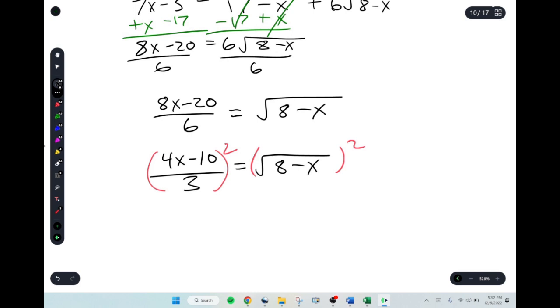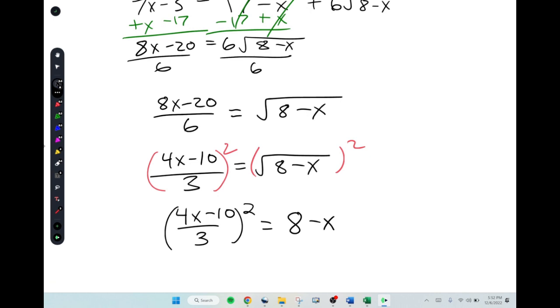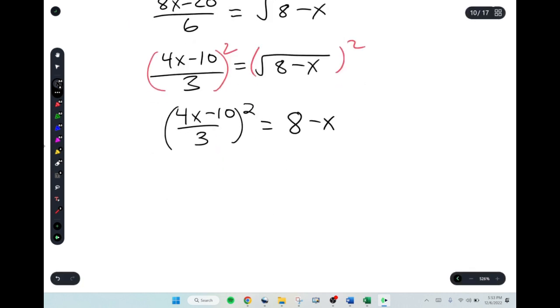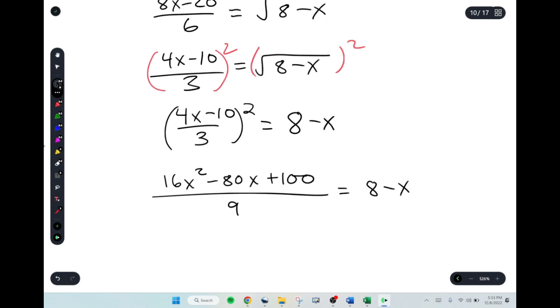Oh, man. This is a go home and practice so you make sure you know how to do it. I'm not leaving it. I'm finishing this problem. Square the top, and you end up with 16x squared minus 80x plus 100 over 9 equals 8 minus x.